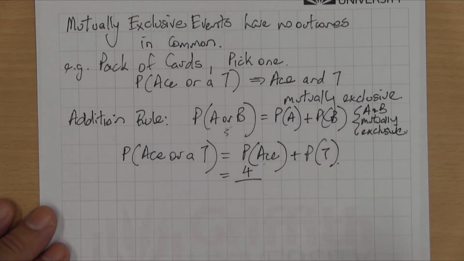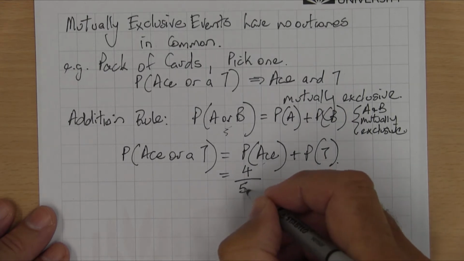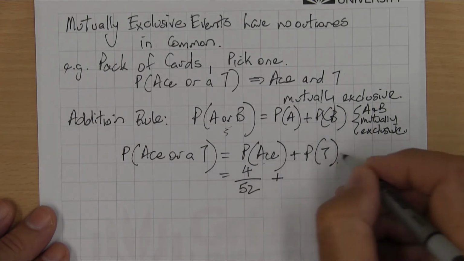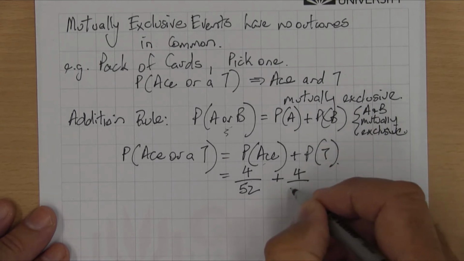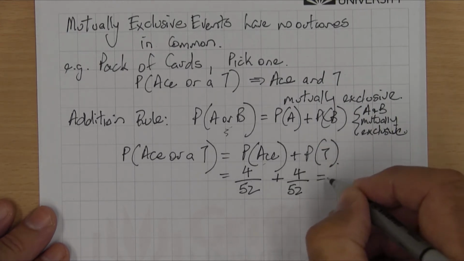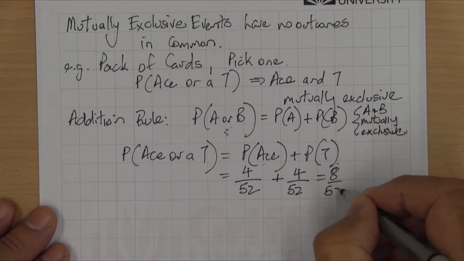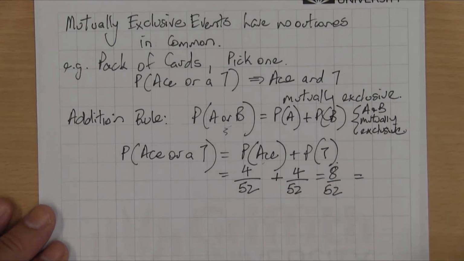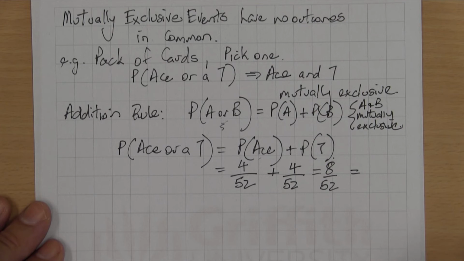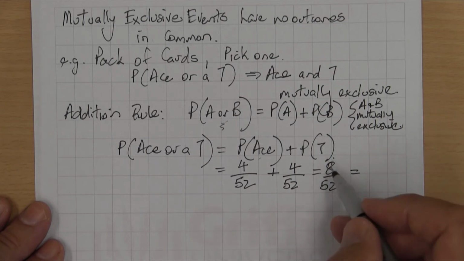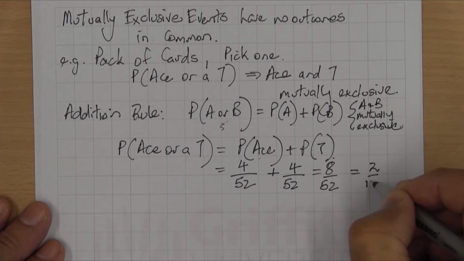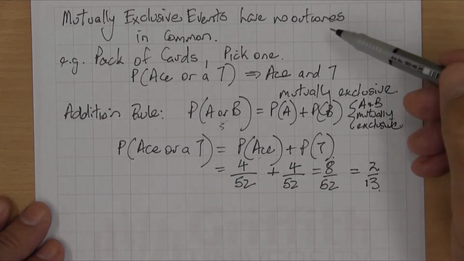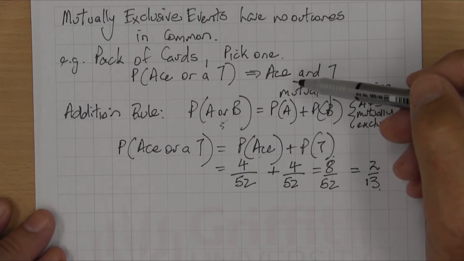Total number of outcomes, total number of cards in a pack is 52. Plus probability that's a 7. How many 7s in a pack? 4 as well. Over 52 equals 8 over 52. And once again, always try and cancel down your fractions. So 4 goes into top and bottom. So 2 over 13. So they were mutually exclusive events.